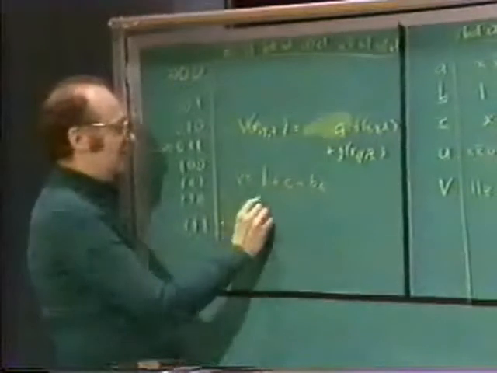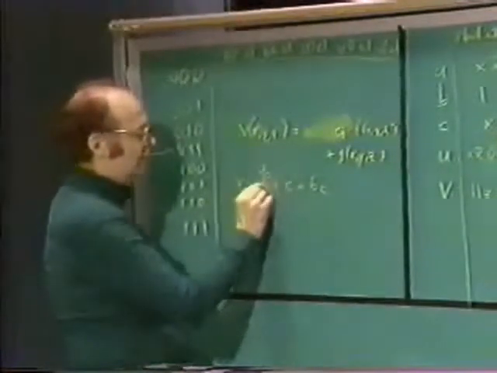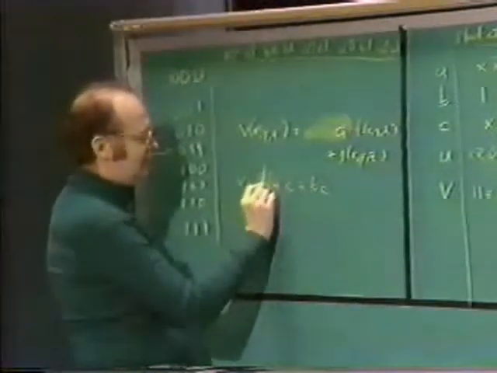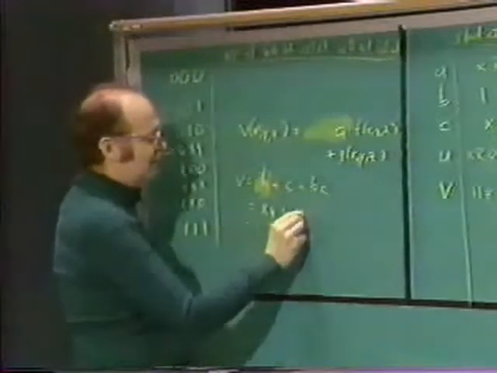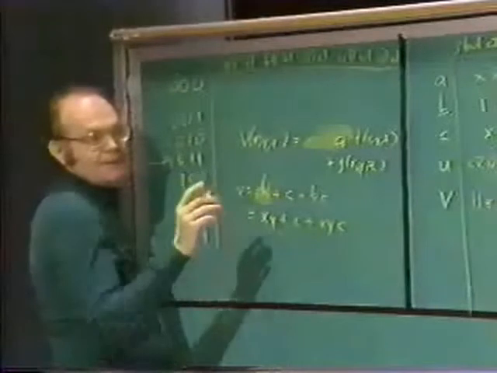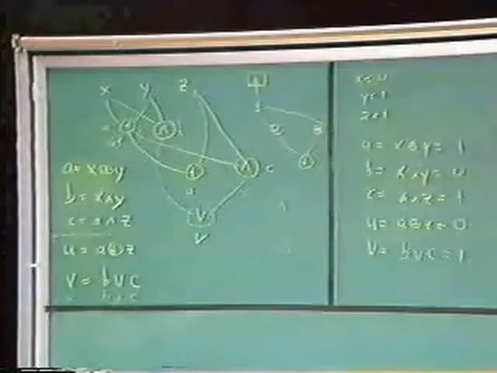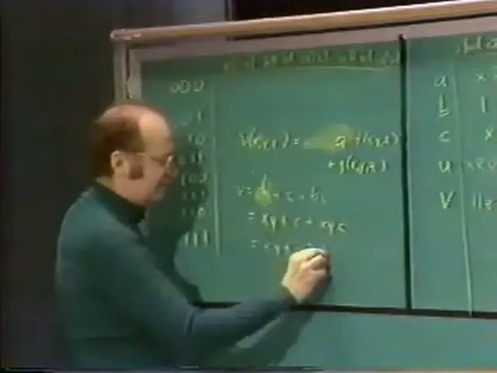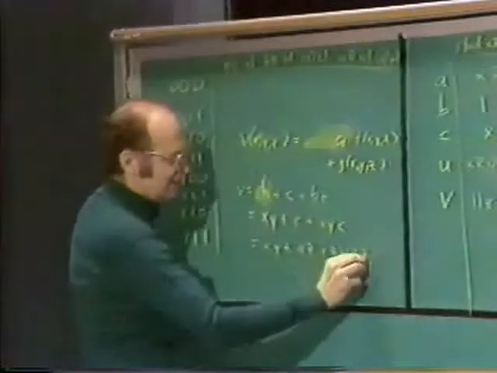B is equal to XY. So this is XY plus C plus XYC, and C is equal to AZ. So this is XY plus AZ plus XYAZ.